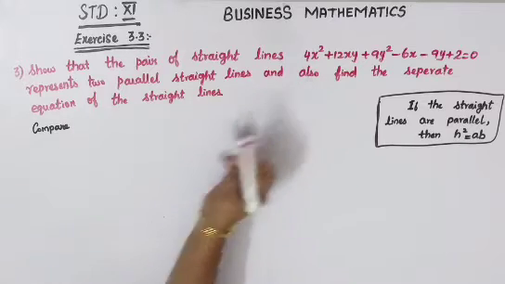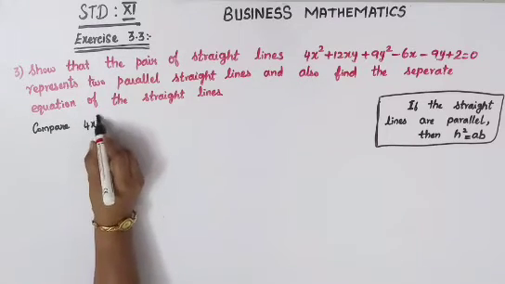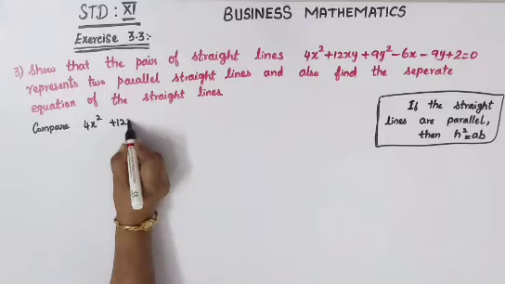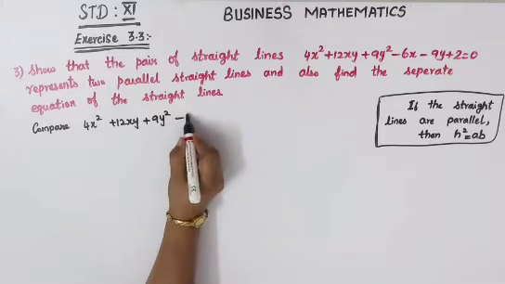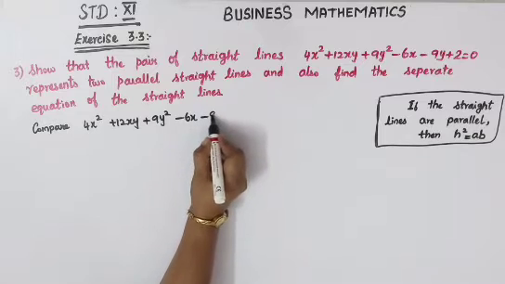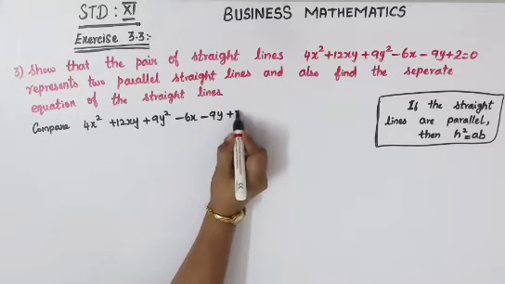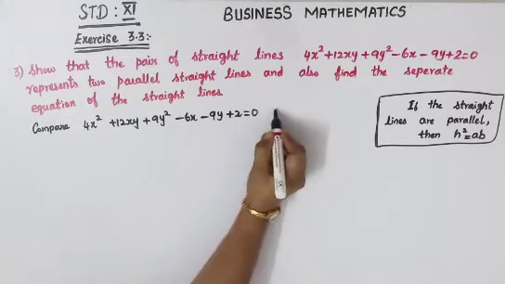You are given the equation 4x square plus 12xy plus 9y square minus 6x minus 9y plus 2 is equal to 0.